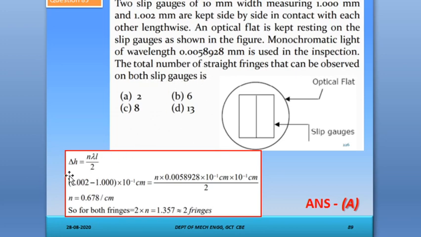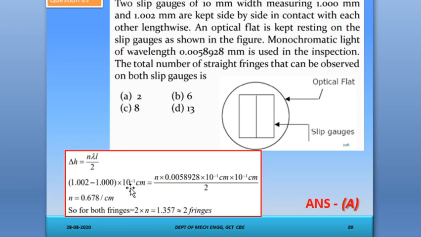Here delta H is the vertical height difference in the optical flat. We have seen in part 1 of the lecture that delta H equals n lambda L divided by 2. The difference between the two slip gauges is 1.002 minus 1.